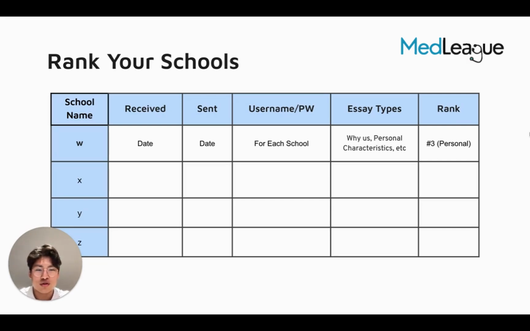Make sure to reevaluate or redo your personal rankings of each school, as this is going to help determine personal deadlines. What I mean by personal deadlines is that this is different from the definite deadline of the secondary. They'll set it in the secondary application, and a lot of times the deadline isn't until like October or November, but you're going to want to submit it much earlier than that to show your interest.